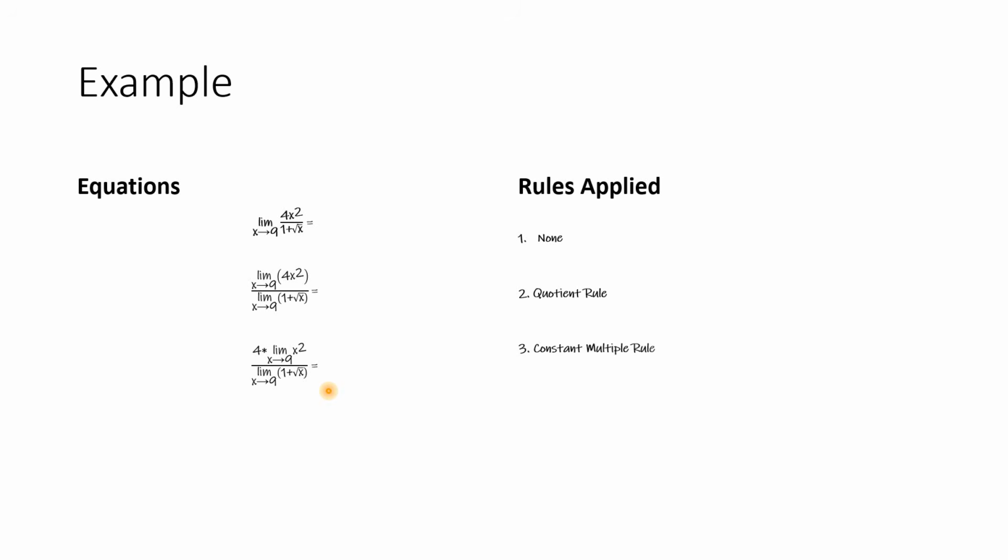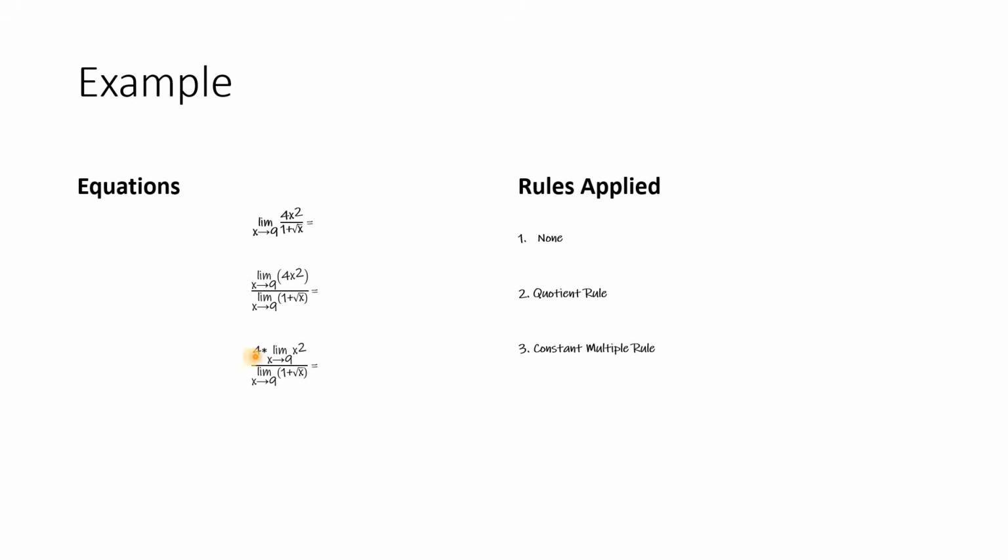And here we have what's called the constant multiple rule, where if you have a variable such as x that has a constant out in front of it, you can move the limit notation inside. So you can just keep the 4 on the outside here and not have to deal with it. So limit as x approaches 9 of x squared.